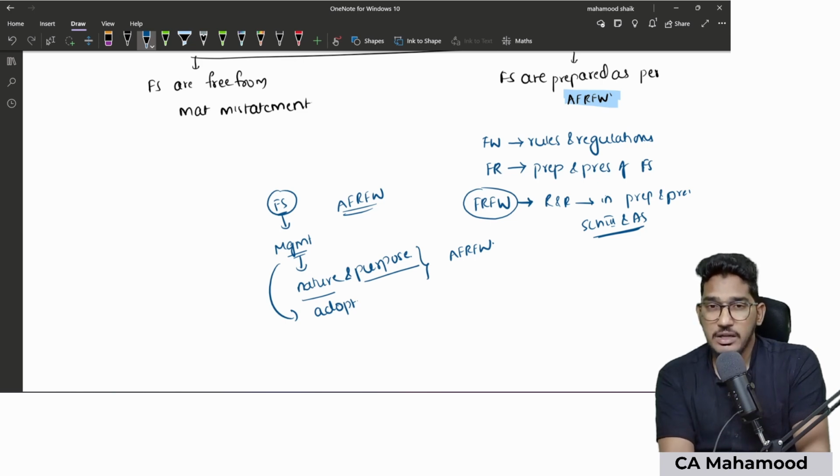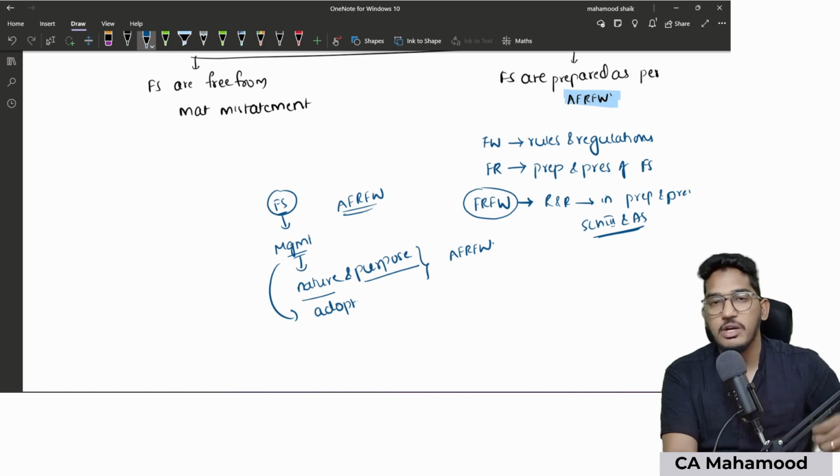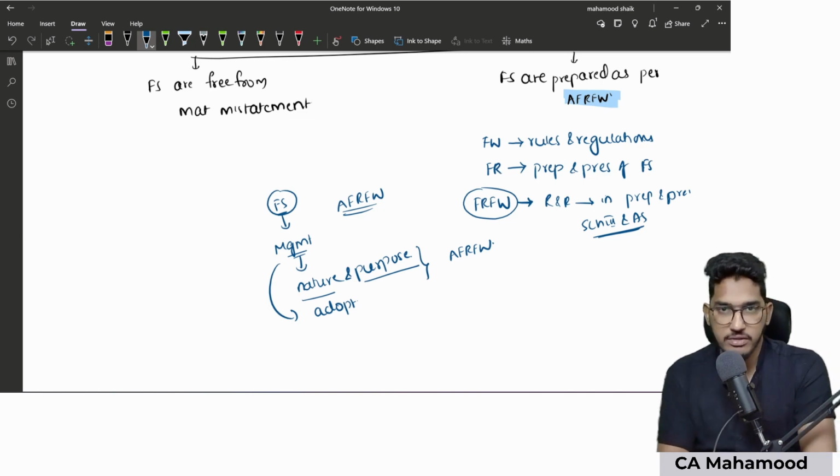Very important, guys: the applicable financial reporting framework will be adopted by the management, not the auditor. Those rules and regulations adopted by the management, we call the applicable financial reporting framework.